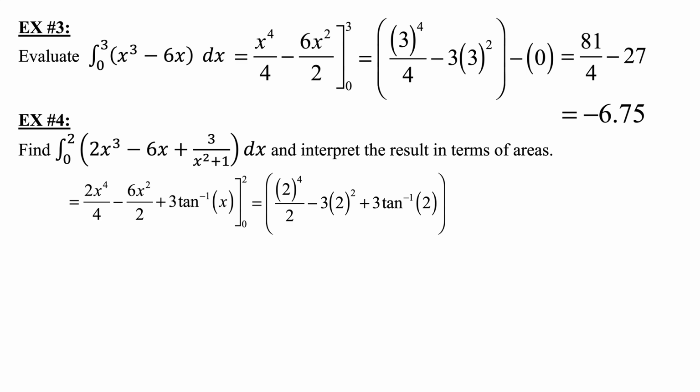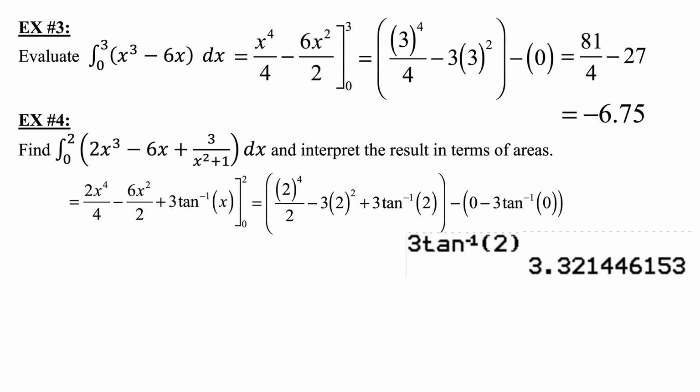So 2 to the fourth, remember we reduced to 2 fourths. 2 to the fourth over 2 minus 3 times 2 squared plus 3 times the inverse tangent of 2. Then minus zeros for the first 2 terms. And then we've got to check that 3 times the inverse tangent of 0. So to my calculator I go. 3 times the inverse tangent of 2 is 3.321446153.